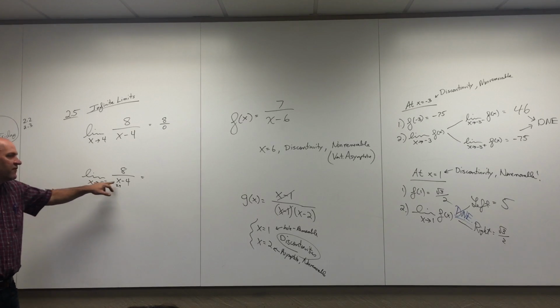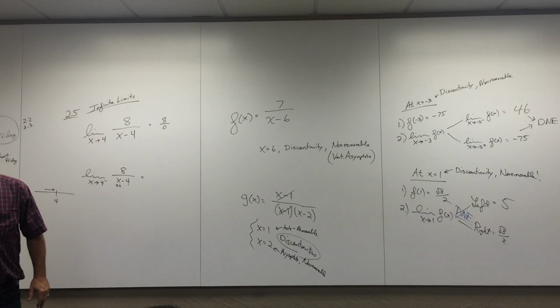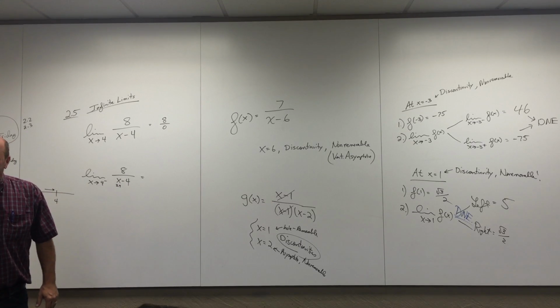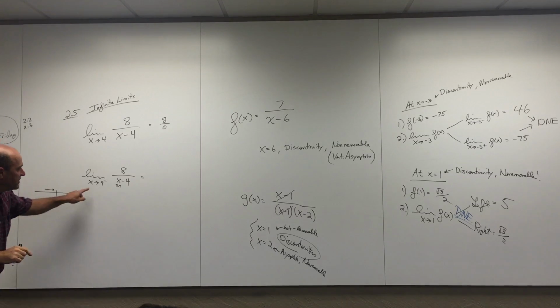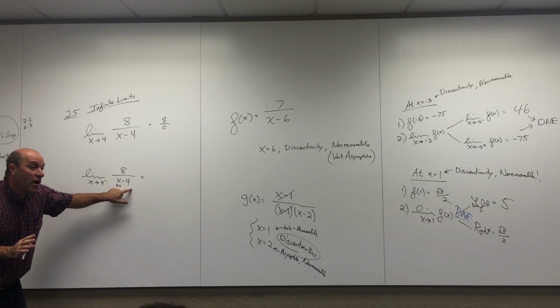I said plug in a 4 and you get 0, right? What I'm trying to figure out is which side of 0 I am on. Am I on the positive side of 0 or the negative side of 0? If you're approaching from the left, you're at 3.999, and when you subtract 4, you're on the negative side of 0.